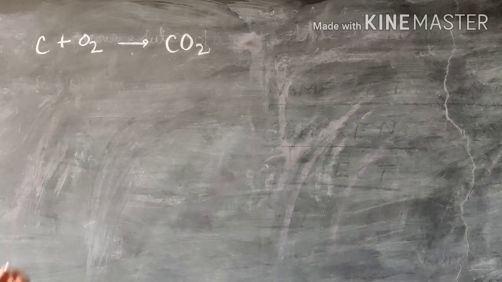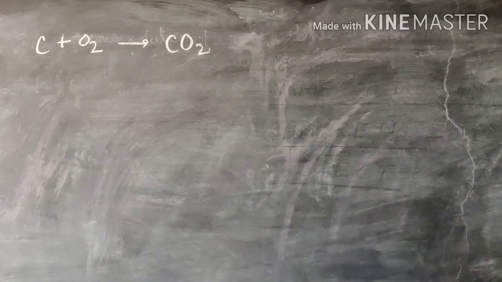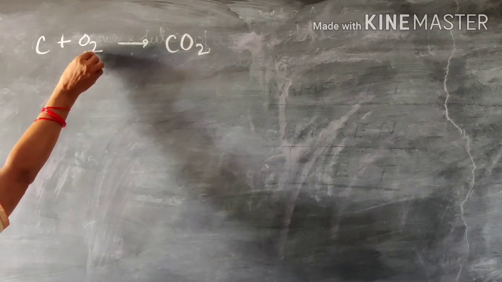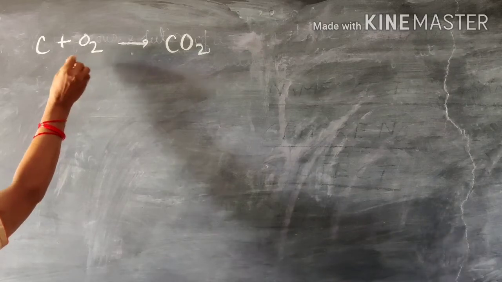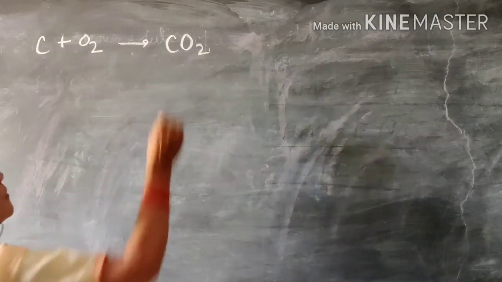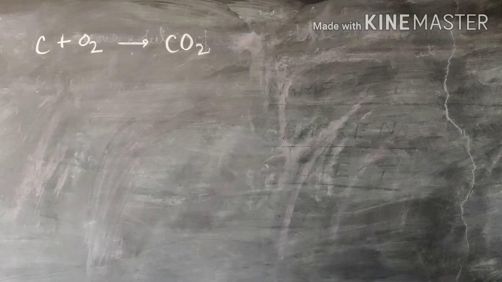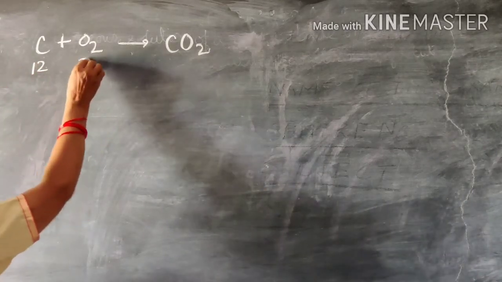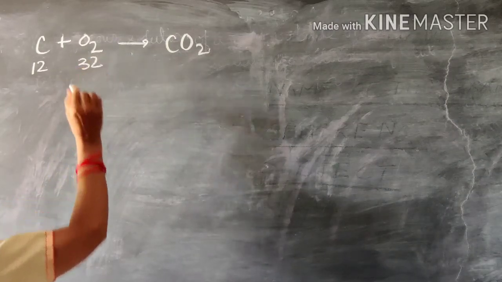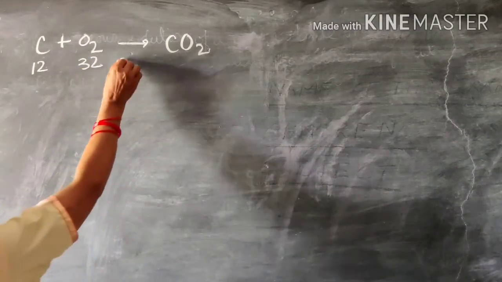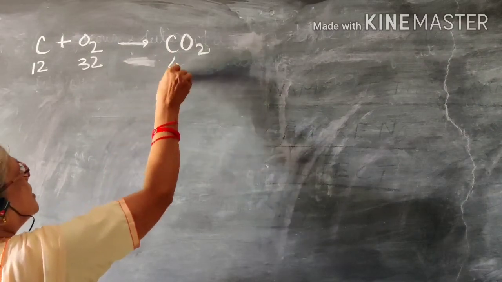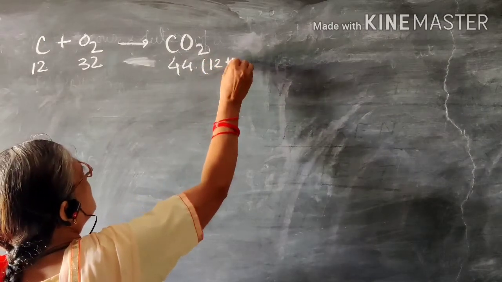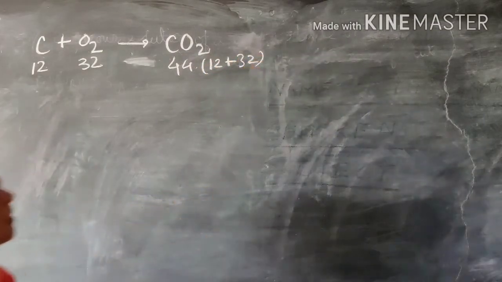Let us see the example of burning of carbon in air. We take oxygen from the air, so we get carbon plus oxygen to form carbon dioxide. Now according to stoichiometric calculation, if you take 12 gram of carbon, then it needs 32 gram, that is 16 plus 16, of oxygen to form 44 gram of carbon dioxide, in which there is 12 gram of carbon and 32 gram of oxygen.